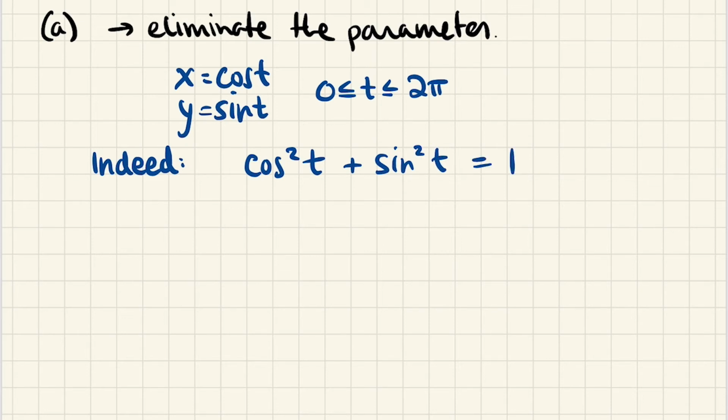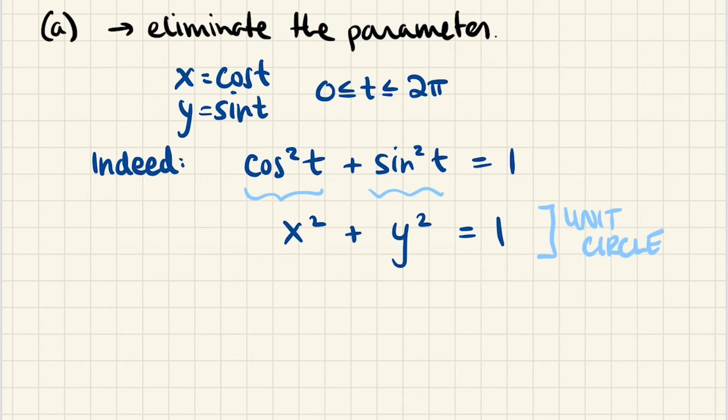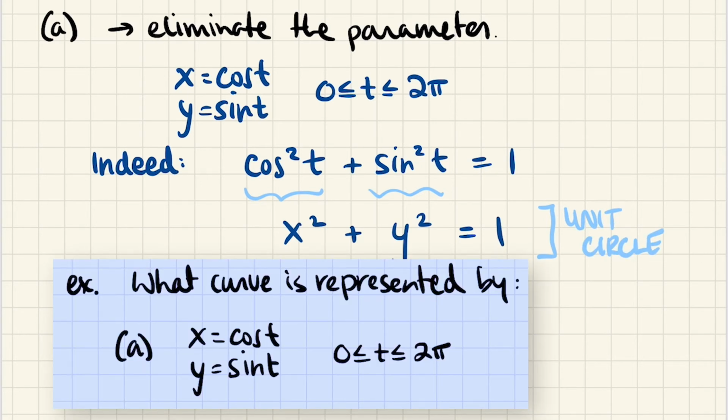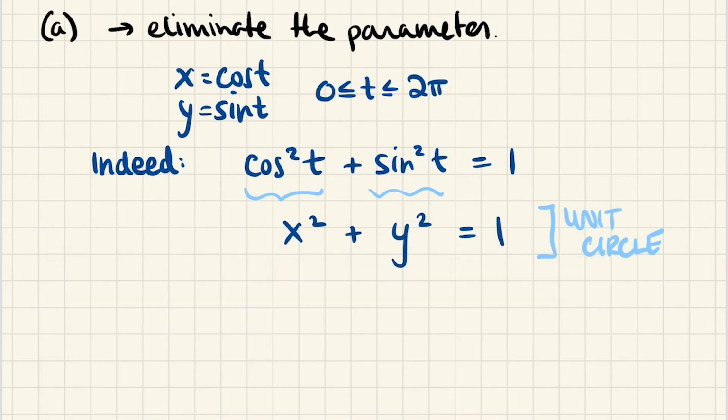Well, this is perfect, because cosine squared is simply x squared, and sine squared is y squared. So we get x squared plus y squared equals 1, and we recognize that as the unit circle. In fact, the question merely asked what curve is represented here, so the answer is the unit circle centered at the origin.